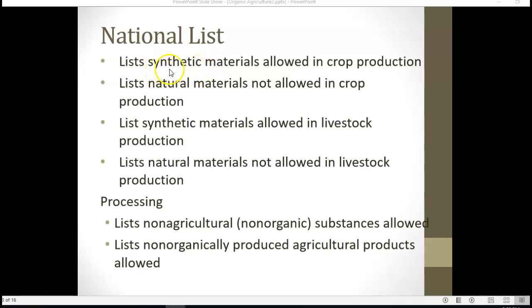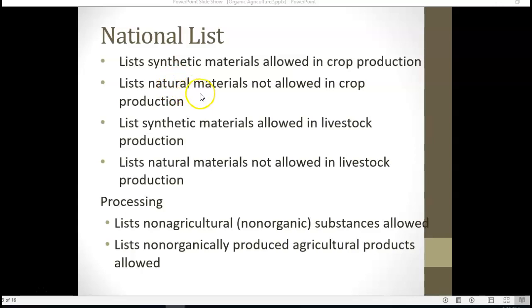So you can look at the list and see that, for example, copper fungicides are used. It's really hard to control blight in tomatoes, for example, east of the Mississippi, with humidity. So one thing that you can do is use a copper fungicide material, but you can't use a lot of it. And it's generally restricted how you use it. So there are some synthetics that are allowed.